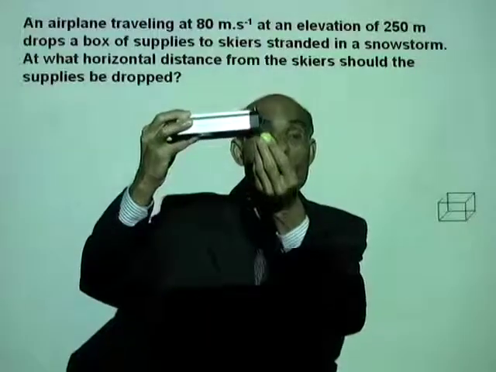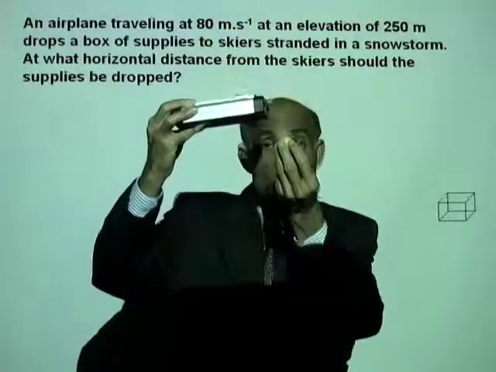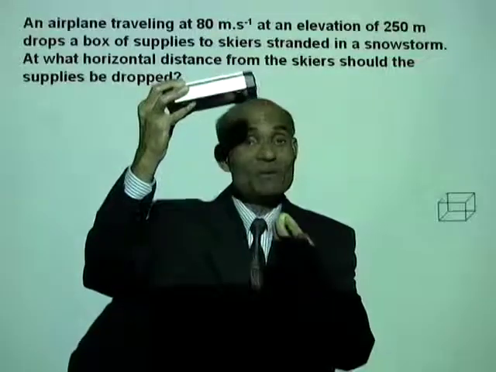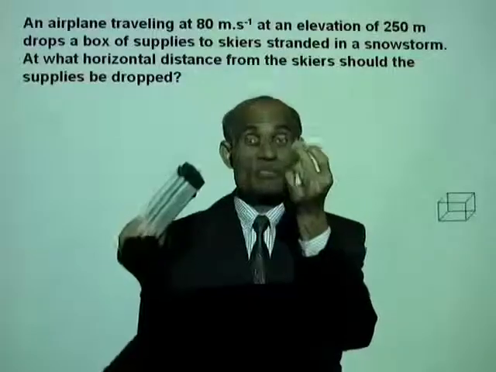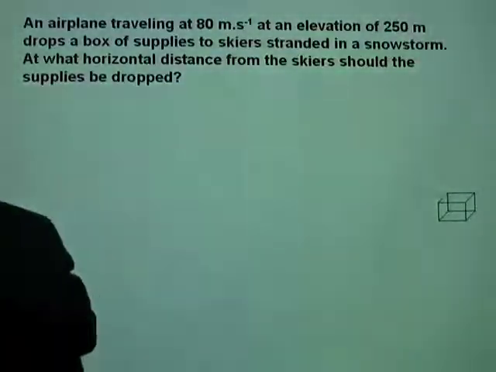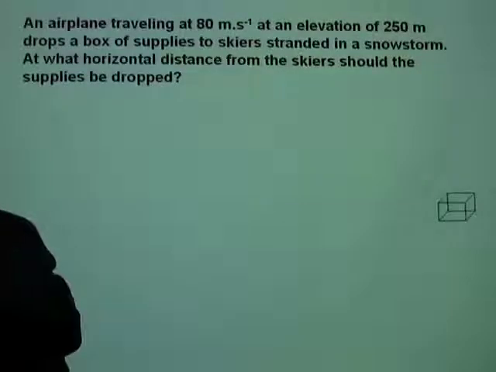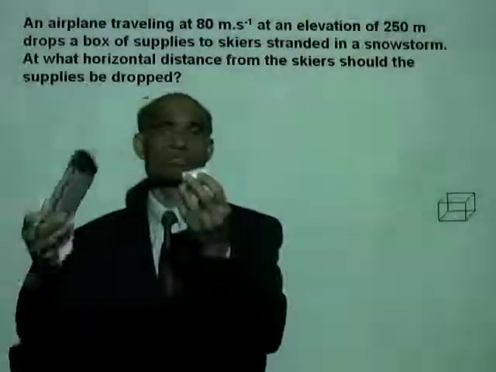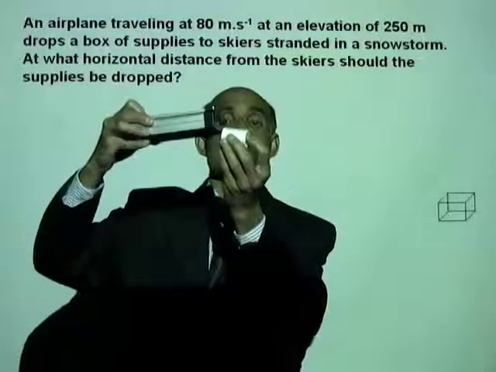So when the plane drops this box, will it simply move vertically down? No. Well, assuming this is a box, I can't find a box, so I'm using this as my box.